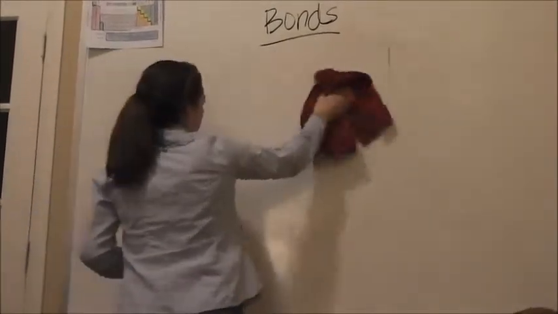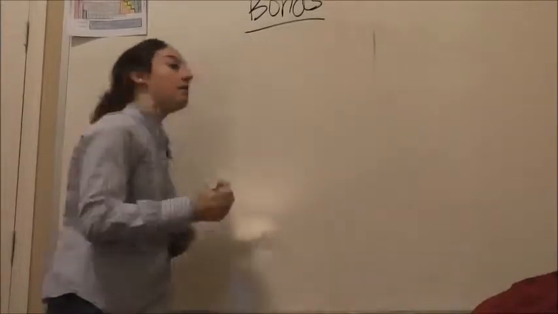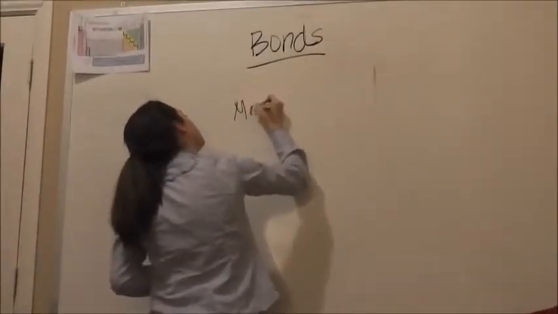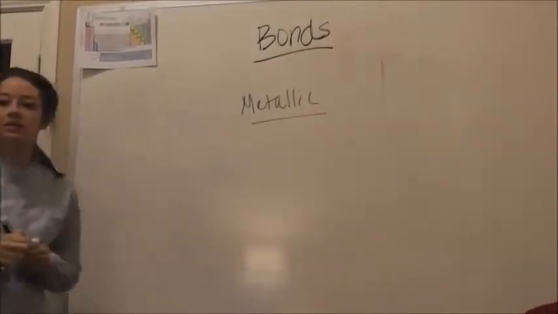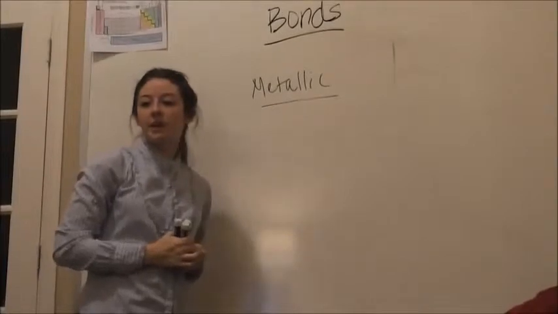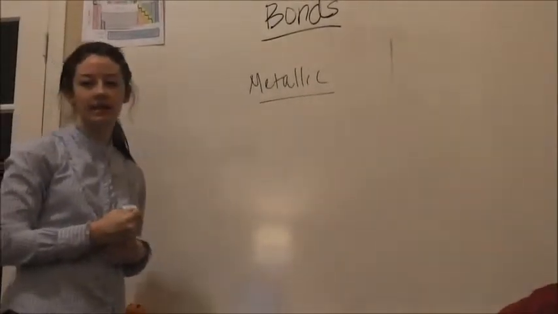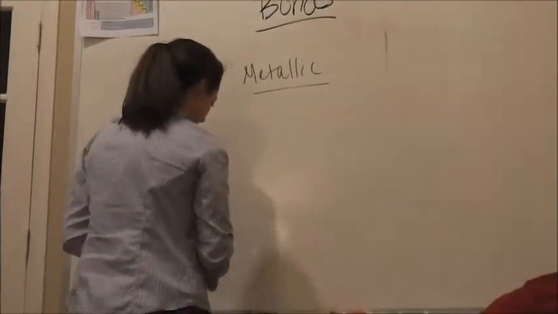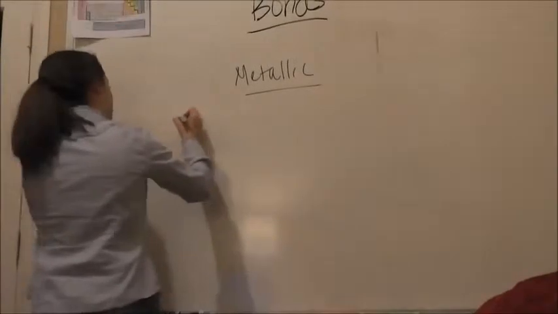The last type of bond is a metallic bond. So metallic bonds have these outer electrons that are so weakly bound to the metal atoms that they are free to move across the entire metal. So let's use some iron atoms for an example.